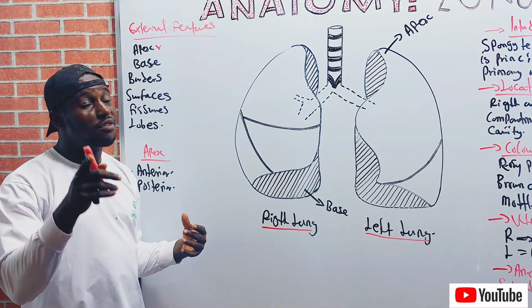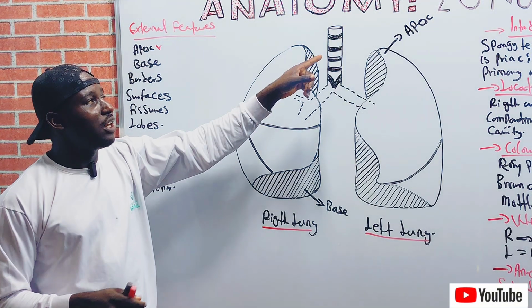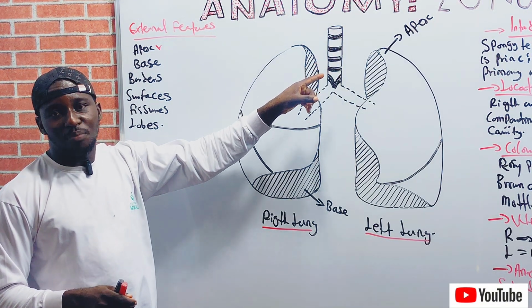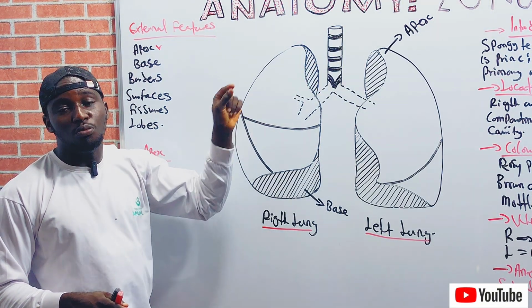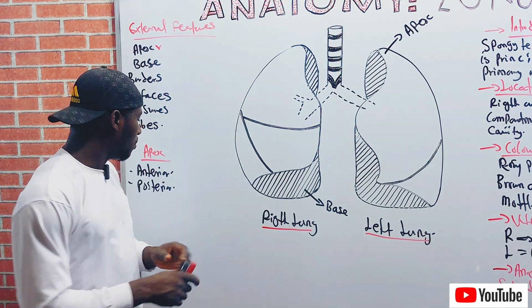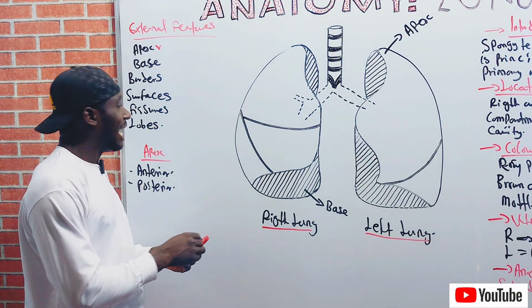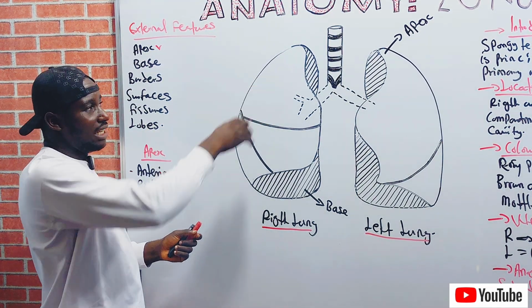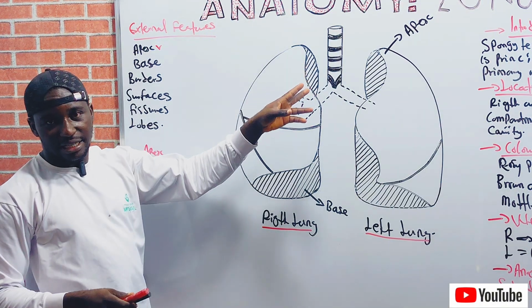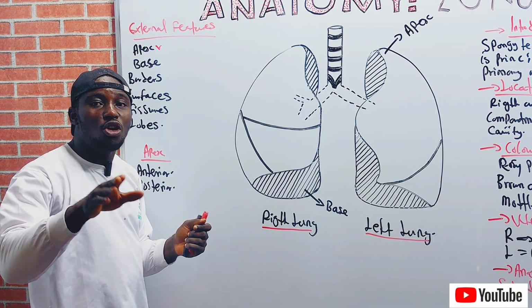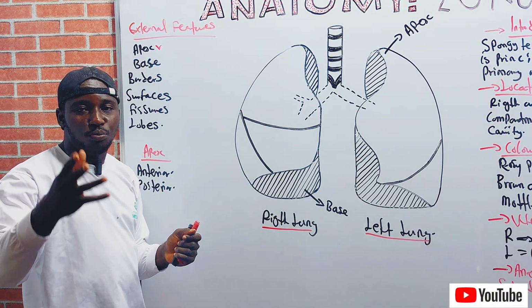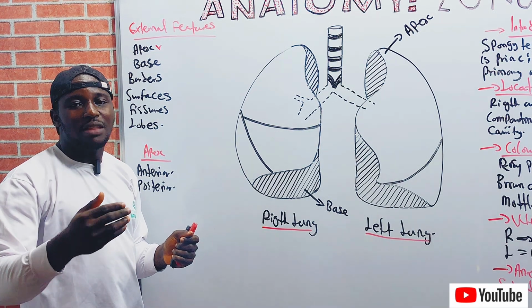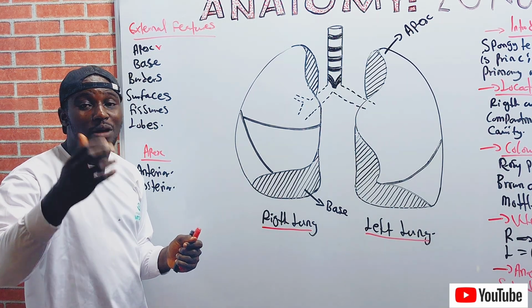Recall that I said previously that the apex of the lungs is covered by the cervical pleura and the suprapleural membrane. Now pay attention. Those structures that are related to the lung apex are separated from it by the suprapleural membrane.